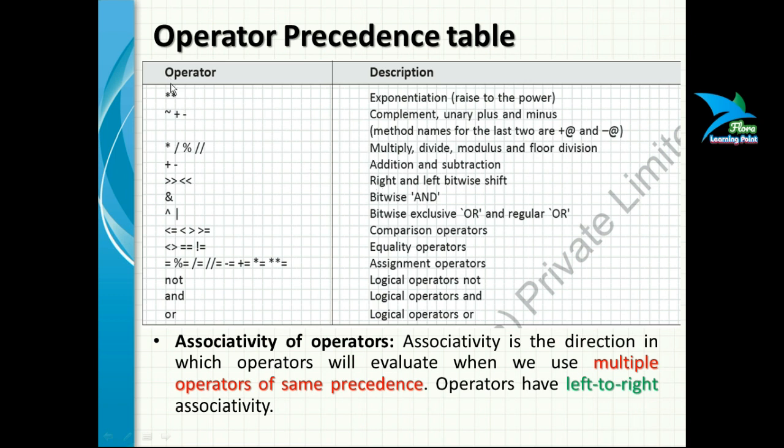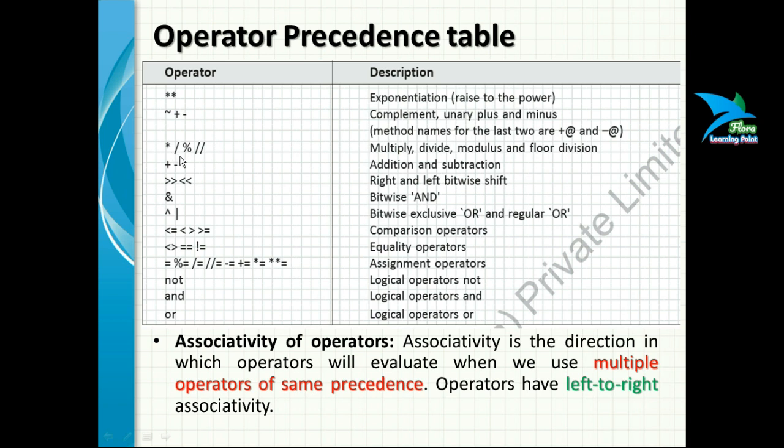For example, this exponentiation operator has the highest priority. Then we have unary complement, then unary plus, then unary minus operators. Then we have these arithmetic operators. As you can see, some operators have the same operator precedence. That means they have the same priority level.